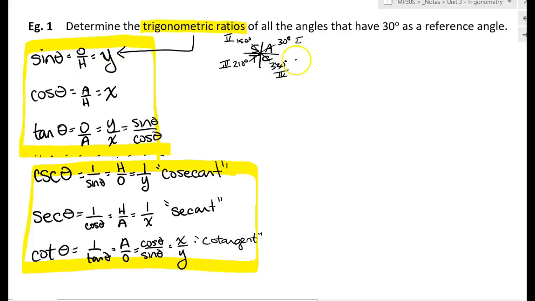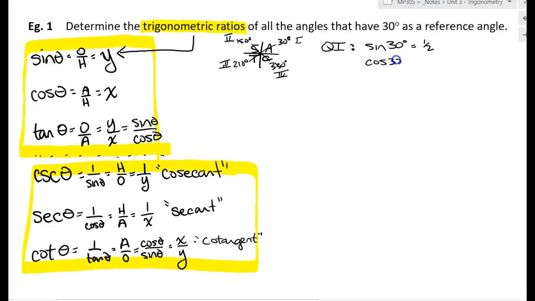So moving forward from here, in quadrant 1, we've got sine of 30 degrees is going to be, and again, you can look back at your unit circle, you can look back at the triangles, you can look at that table, but no matter what you look at, it's going to be 1/2.